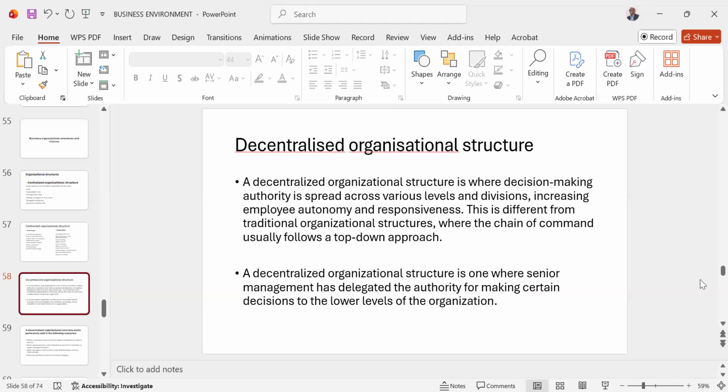So this is different from the centralized one, where you have a top-down approach. This one is scattered. It can be like a matrix, moving from down to top, to middle. So the senior manager can delegate authority to the middle manager, and decision making becomes very easy and smooth. So that's what happens in a decentralized structure.